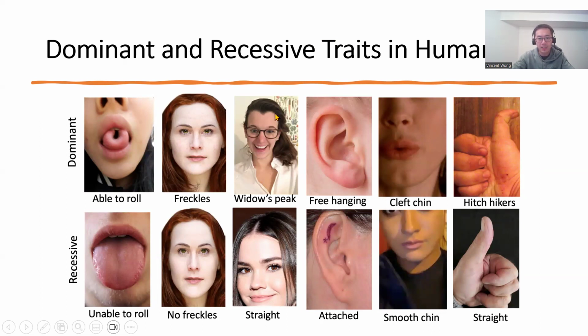This kind of hairline is called a widow's peak. That's dominant. A straight hairline is recessive. And then your earlobe and cleft in the chin, whether you can bend your finger back or not. Those are dominant traits. Five fingers is recessive. Six fingers, that's dominant. Do you know some people have six fingers?